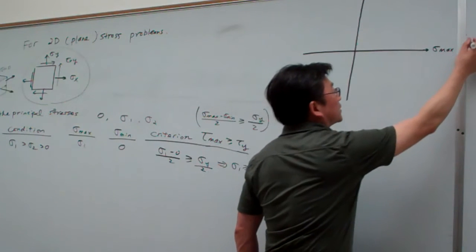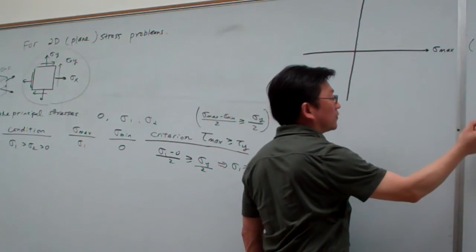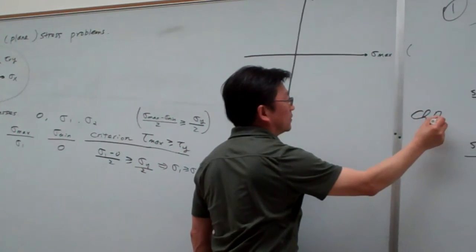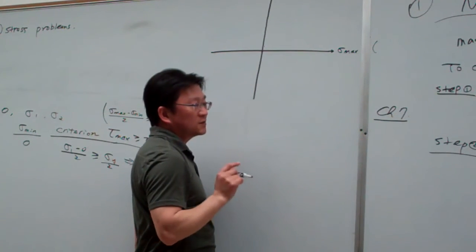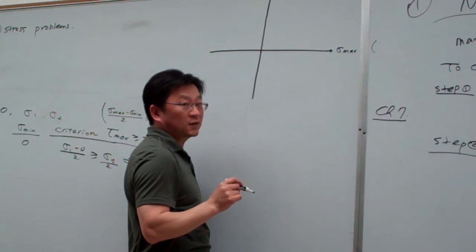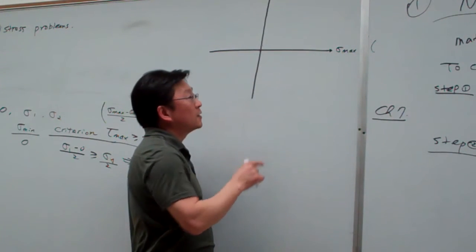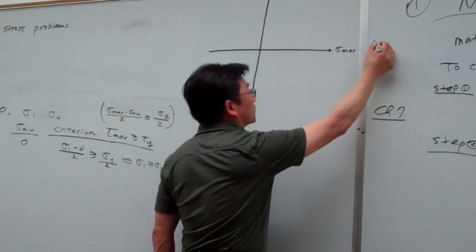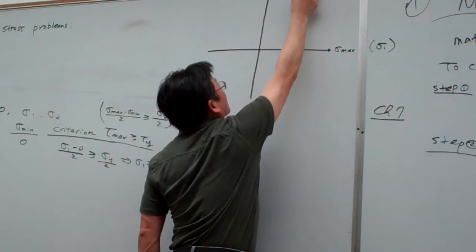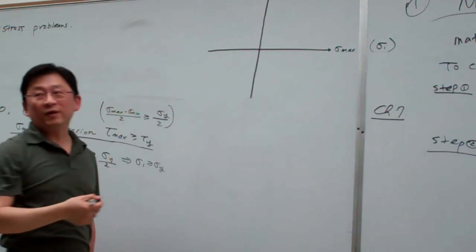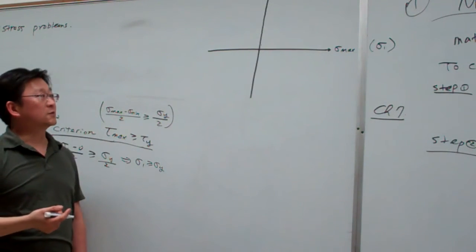In our textbook, chapter 7 is about the Mohr circle, and there's one section called failure criteria. Go there and you should see the figure. The textbook uses sigma 1 and sigma 2 to denote the maximum and minimum, just for notation.